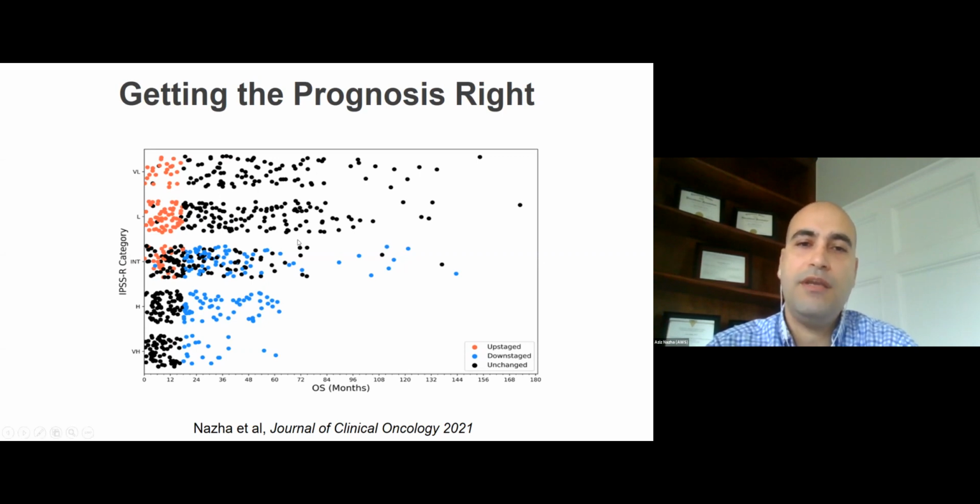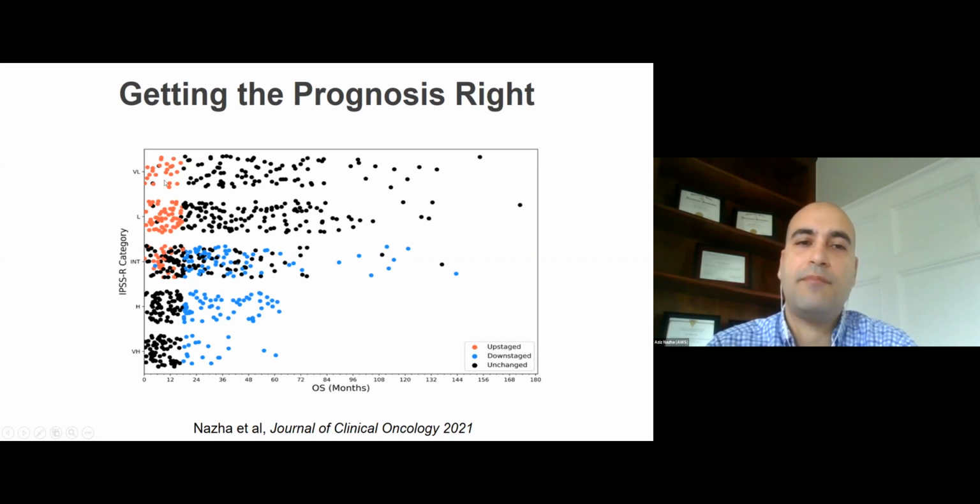In other words, we took the patients in the training cohort and plotted them on this graph. On the x-axis, you see the overall survival only for dead patients, so this graph is only representative of dead patients. Each dot represents a patient when they die. And on the y-axis, you see the staging from IPSS-R.